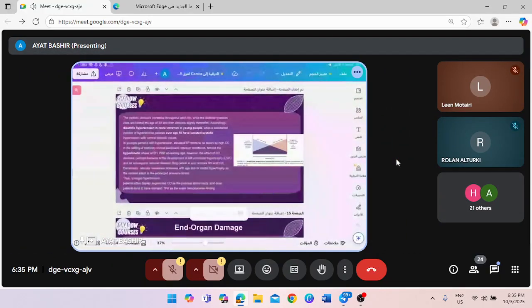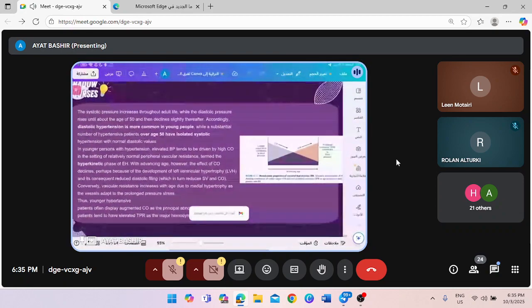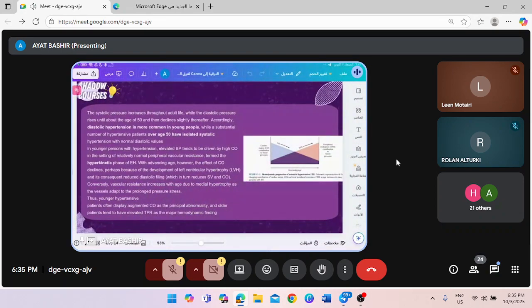As you can see here in the picture, we have the cardiac output and the total peripheral resistance. When age increases, the total peripheral resistance will increase, but the cardiac output will start to decrease.